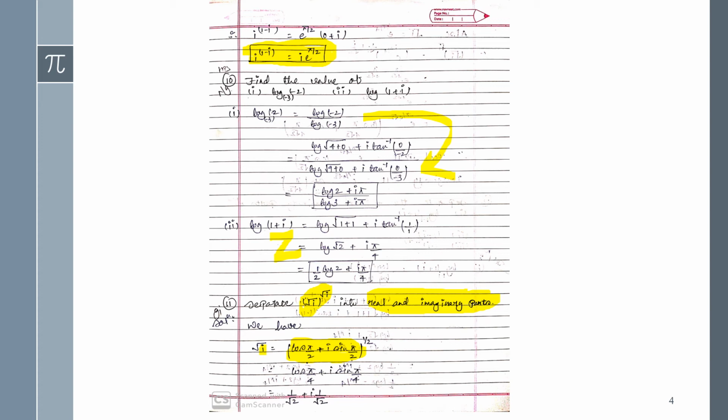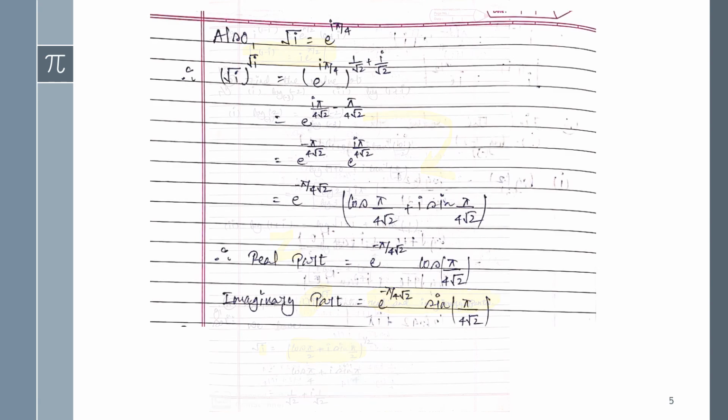Then you know the value of cos pi by 4 and sin pi by 4, so I will just apply the values of both functions. Now next, here it's given log root i equals e raised to i pi by 4.